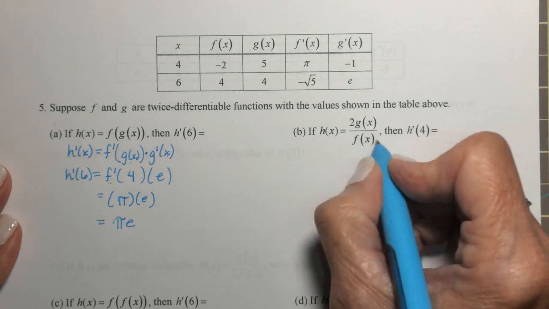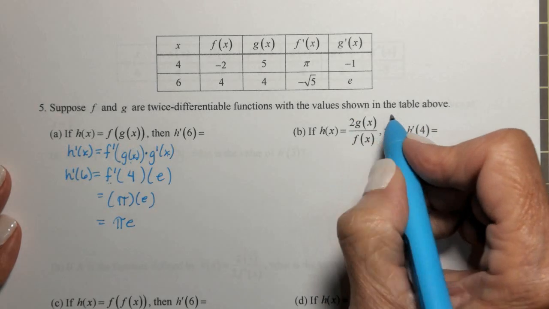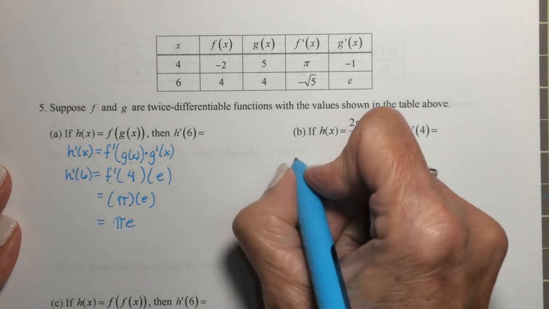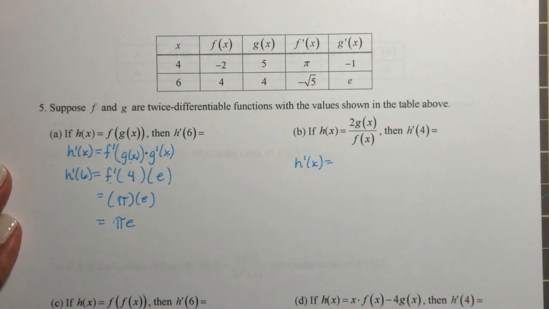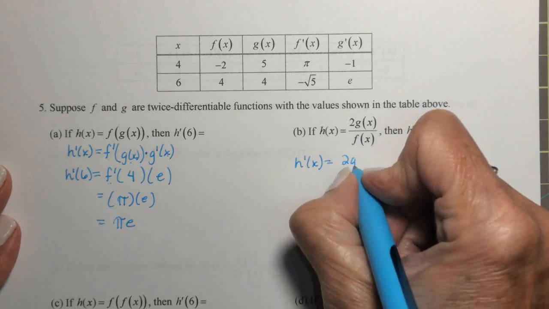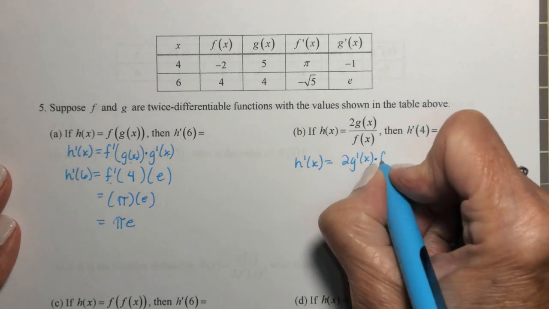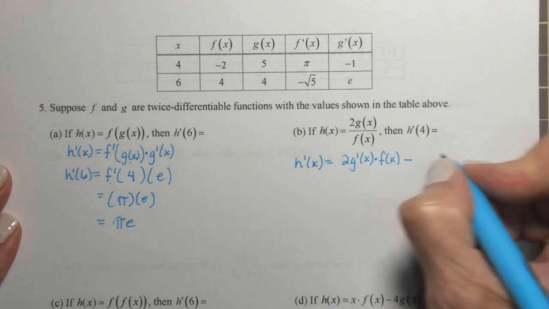Alrighty, what about this one? Okay, find h prime of 4. I see a quotient, so we have to use the quotient rule. I start up on top and I take its derivative. The derivative of the top is 2g prime of x. I multiply by the bottom left alone. Minus, as in the quotient rule.